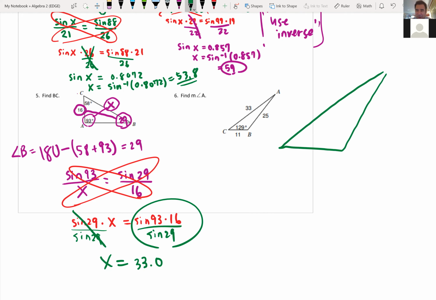So this is 129. Can you guys just take a look at it? Stop for a second and see the whiteboard. This is 129, this is 11, this is 33, and this is 25. It looks like 129 is this side, but it's not. 129 should be this angle.